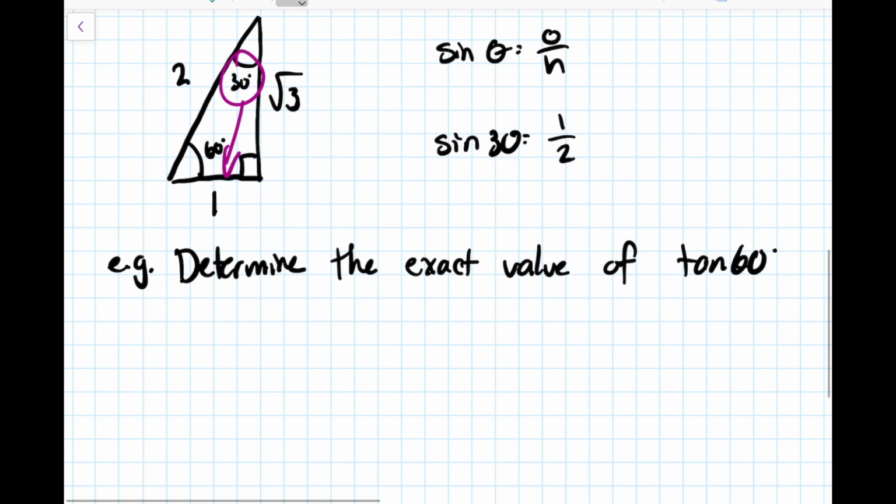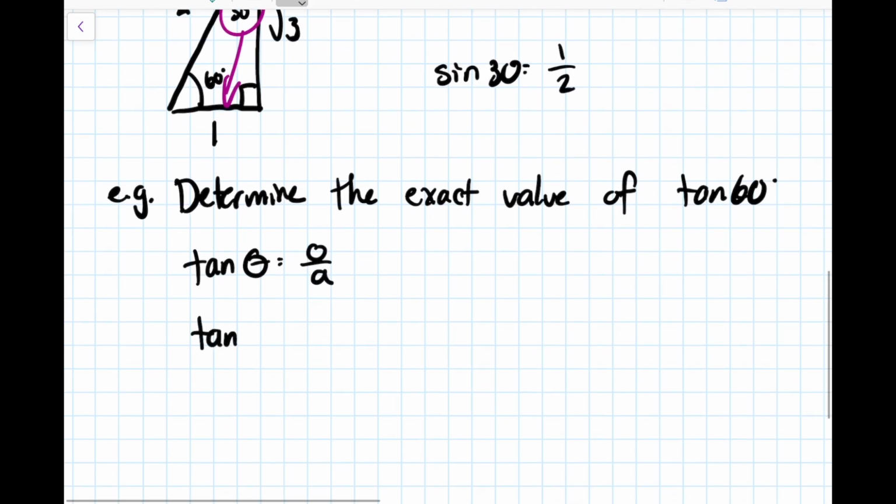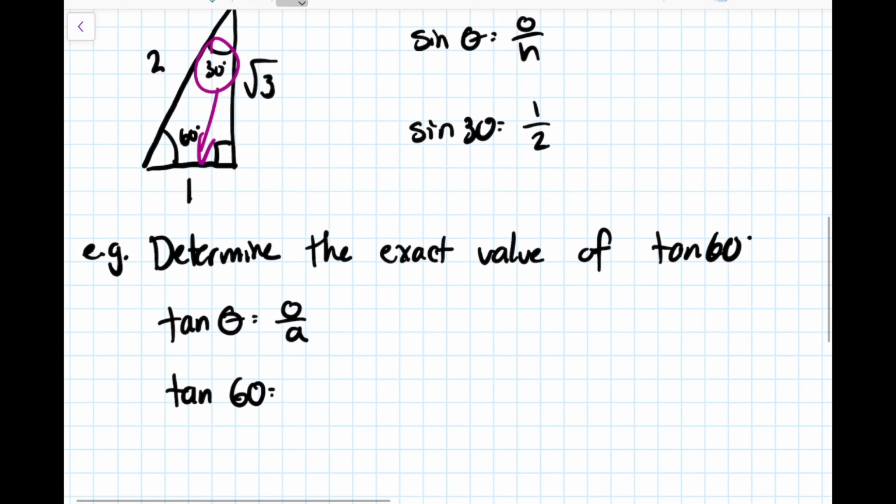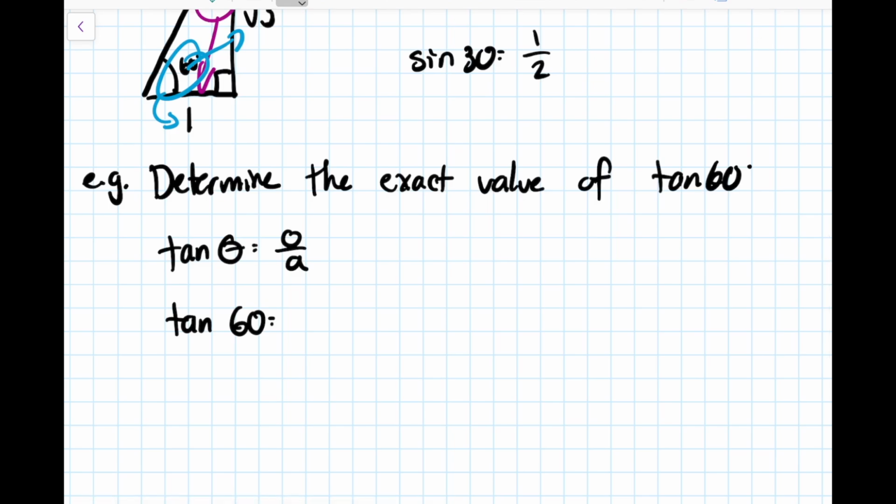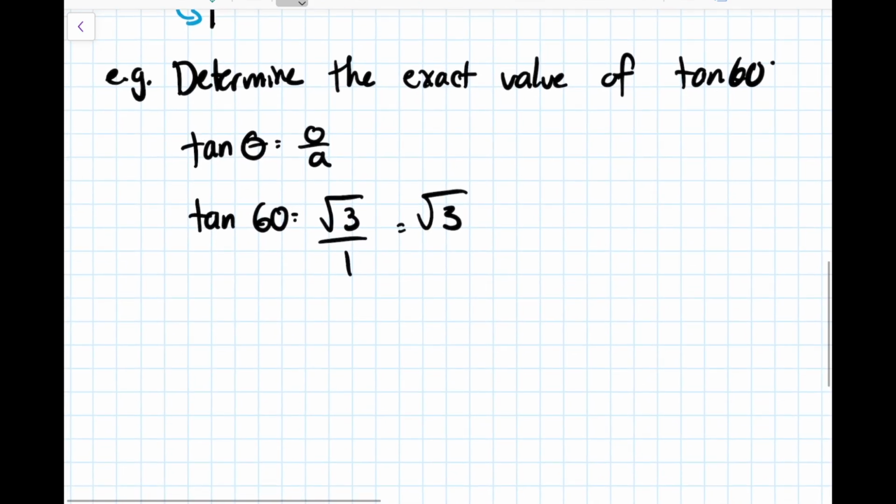So from the perspective of 60 now, remember your tangent ratio is opposite over adjacent. So from 60, your opposite is root 3, and your adjacent is 1. So our tangent ratio for 60 degrees is root 3 over 1, or just root 3. And that's our exact value there.